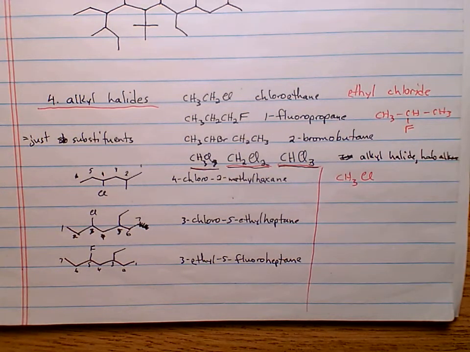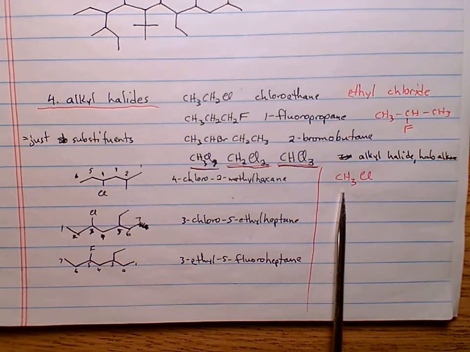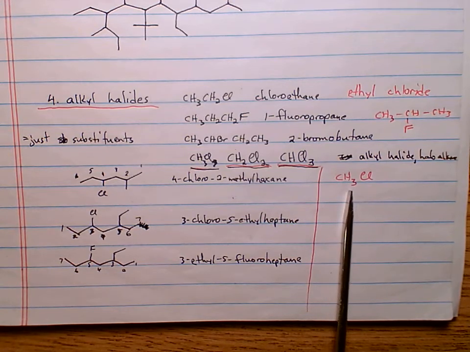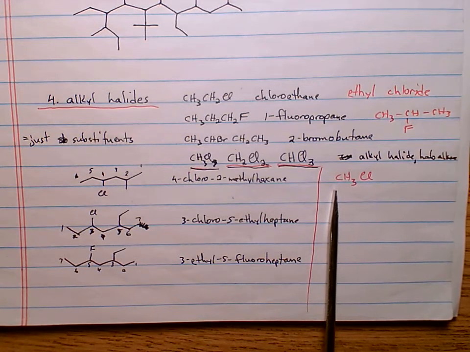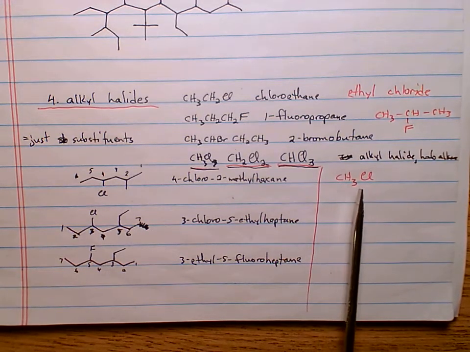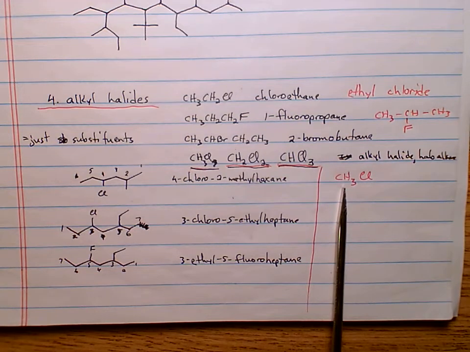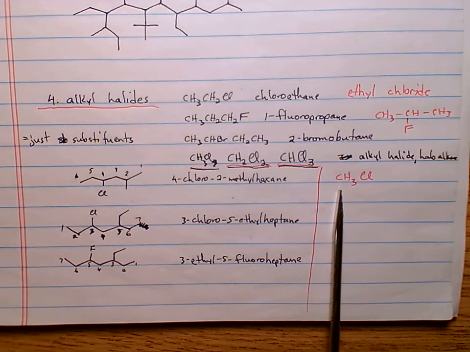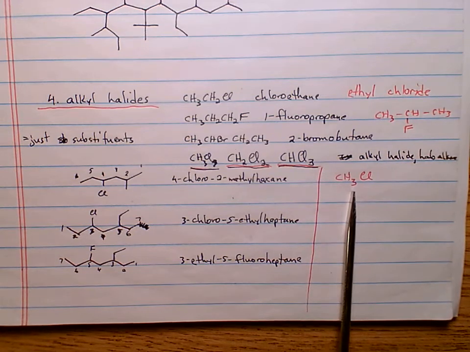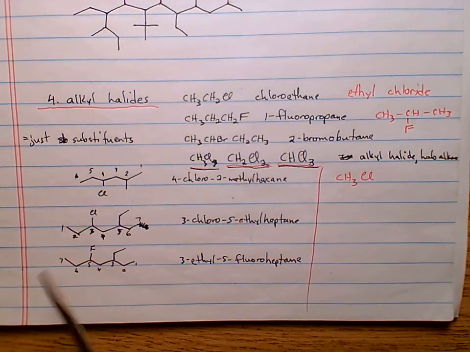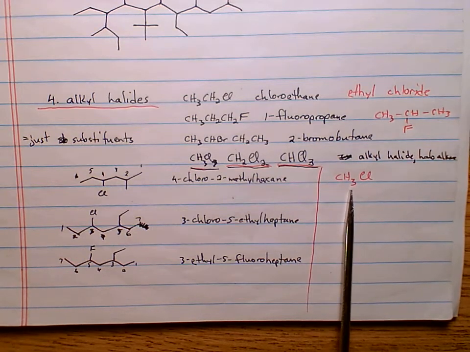What would IUPAC call this? Well, the smallest one carbon chain is methane, so IUPAC would call this chloromethane. But the common name is methyl chloride. IUPAC chloromethane. Common name methyl chloride.